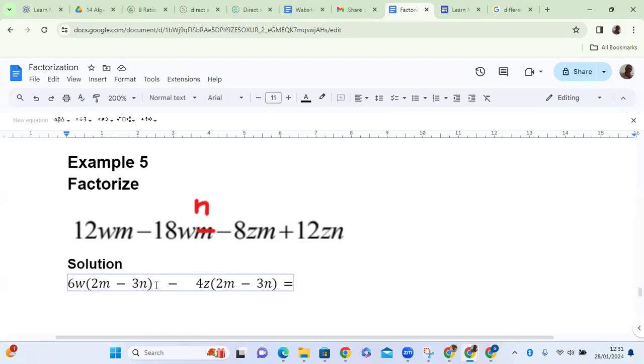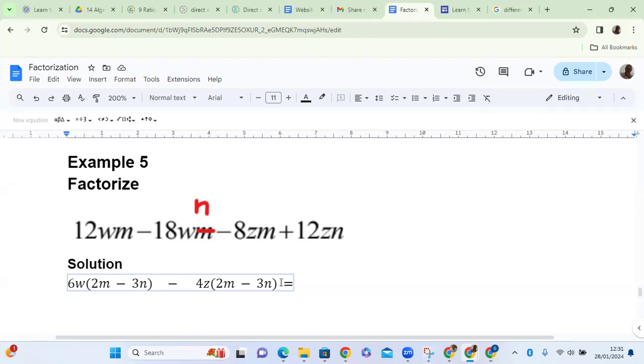It doesn't look like those simple little terms, but it's a term because they are multiplying, and bracketed is like one term. So two terms, separated by a negative sign. If you look at them broadly, what do they have in common? The highest common factor is 2M minus 3N.